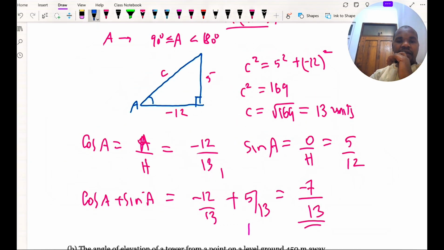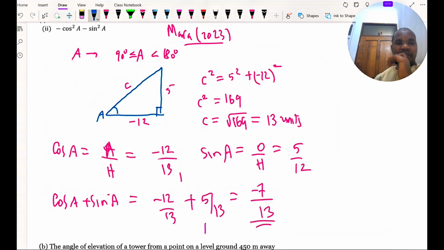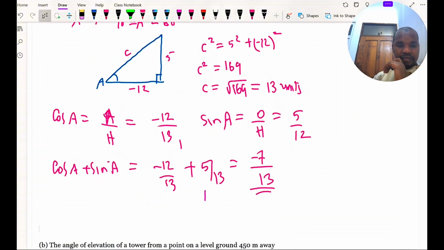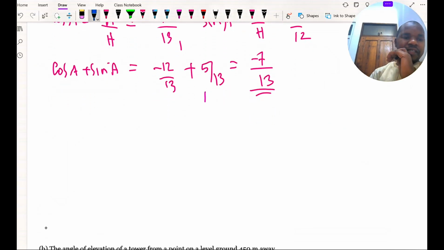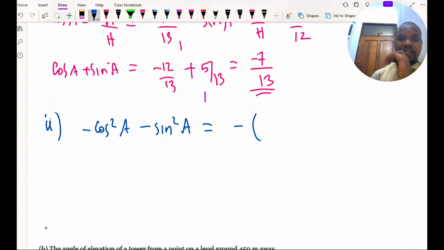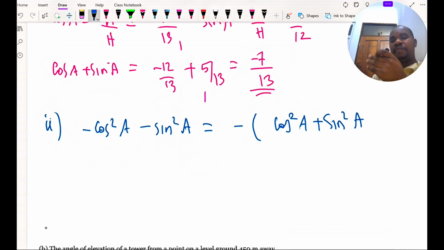And then what about the second part? The second part, minus cos square A minus sine square A. Actually this is minus, out of the bracket, cos square A plus sine square A. So we know the value of sine A and cosine A already.